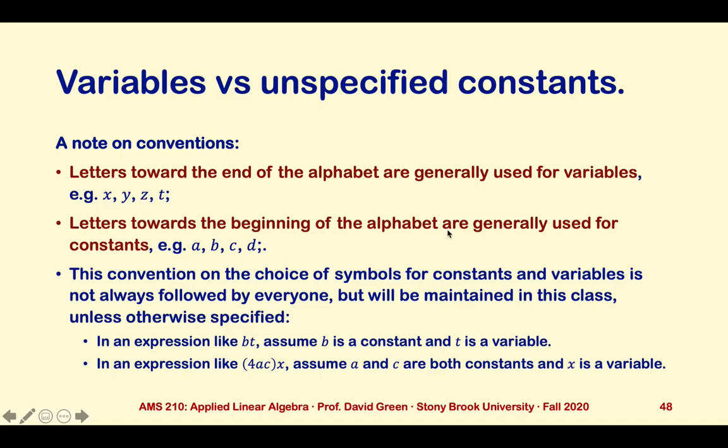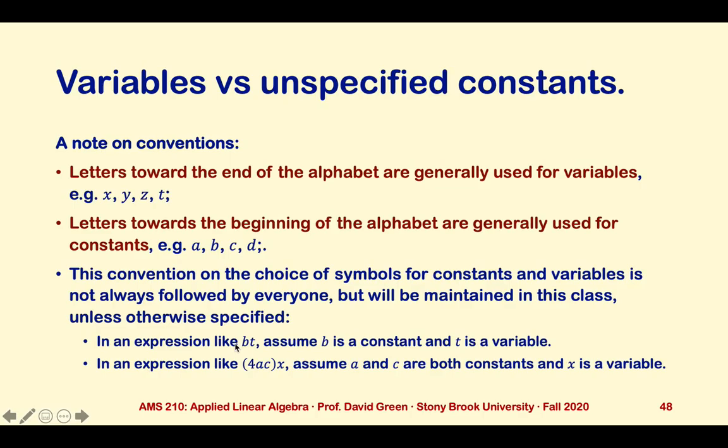Whereas letters towards the beginning of the alphabet are commonly used for constants, A, B, C, and so on. This isn't followed by everybody. It isn't followed everywhere. We will maintain this in the class unless otherwise specified, and it is a fairly general convention that you will see in most reading.